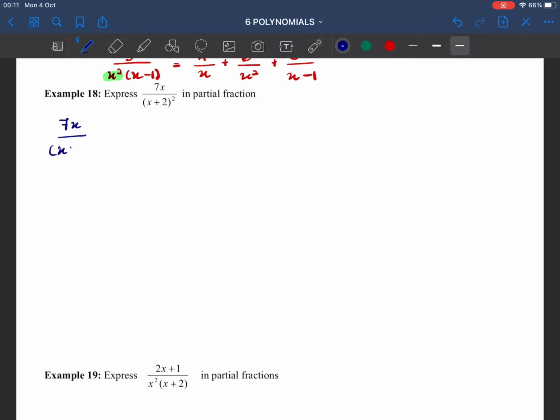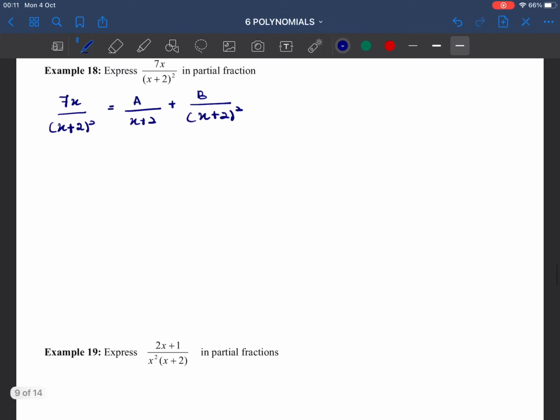Okay, so we have 7x over x plus 2 square. So how are we going to decompose this? You know that this is a repeated factor. It's going to be a over x plus 2 without the power plus b over x plus 2 square with the power. Okay, that's it. That's all.